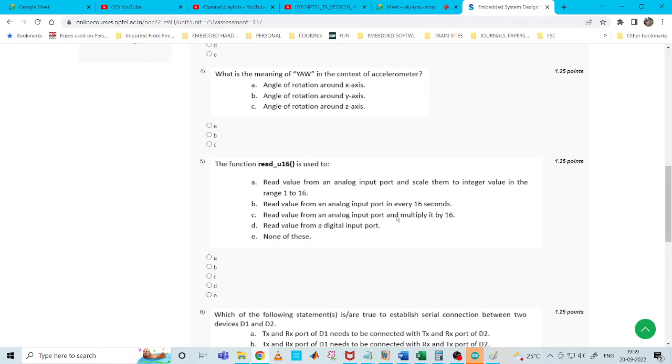Yes, but I just had a doubt because we are using an STM board, and in that we have a 10-bit ADC. So, sir, how does that get converted into 16 bits? It is just that you put zeros in the front, no?